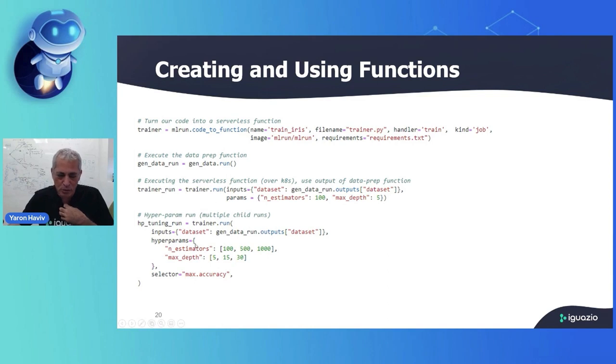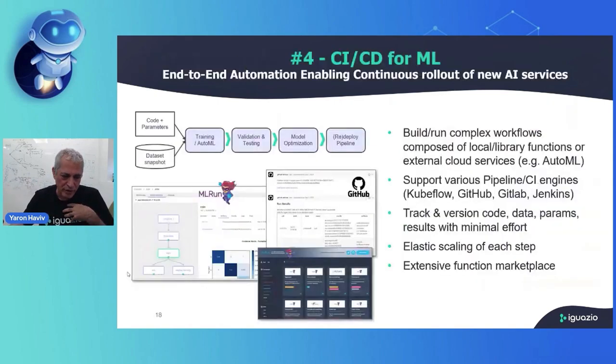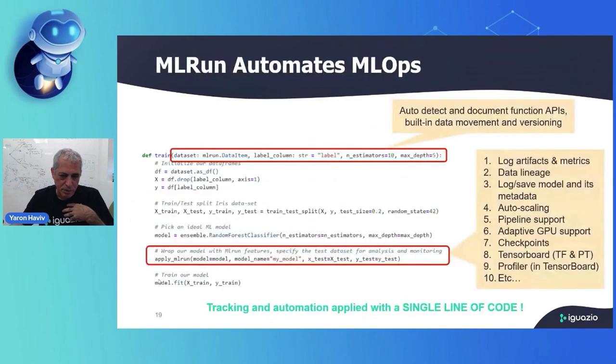This is the simple way. There's a more advanced way where you can also specify the type of hyperparameter: grid, list, random, early stop. You can distribute the hyperparameter runs across multiple containers. So this is more advanced, but this one is the basic option.